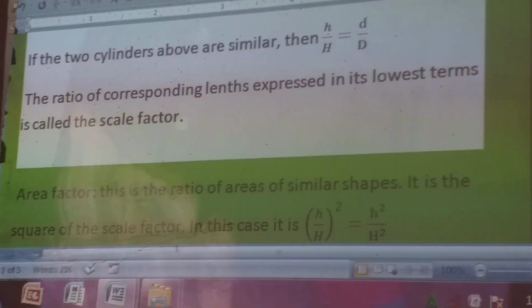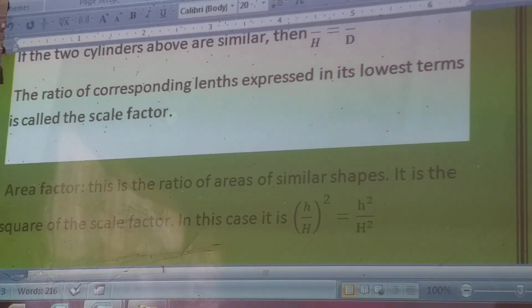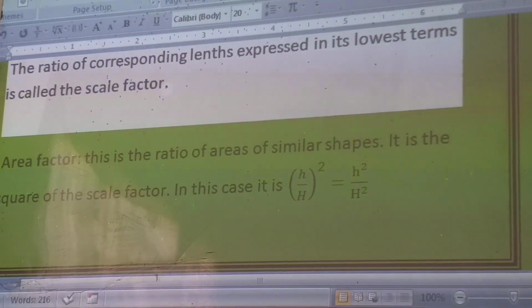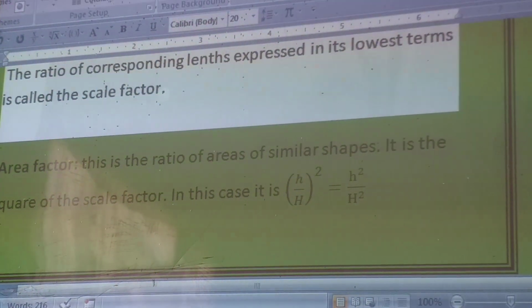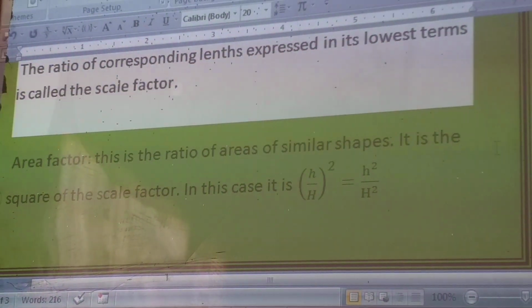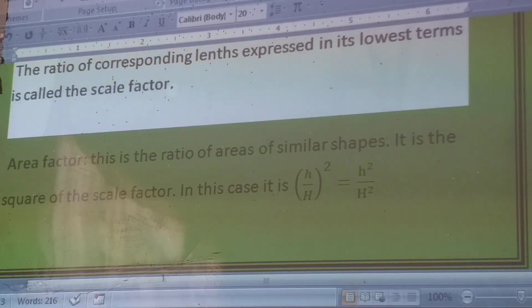The ratio of corresponding lengths is called scale factor. That is the normal scale we consider even on map reading in geography. The scale we talk of is what we call the scale factor.